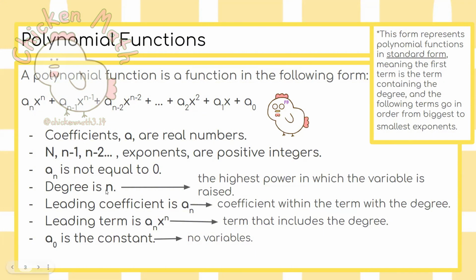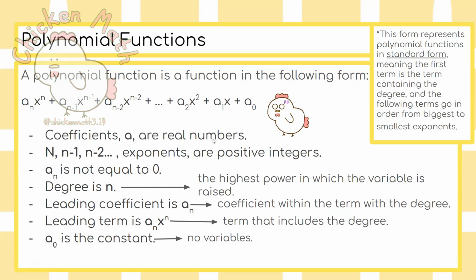Now, the degree is n, this value right here, and that basically just means that it's the highest power to which the variable is raised. So n-1, n-2, and so on are all going to be smaller than n. Leading coefficient, a sub n, that's just the coefficient that goes with the variable with the degree. And then our leading term is this whole term right here, and it's also the one that includes the degree.